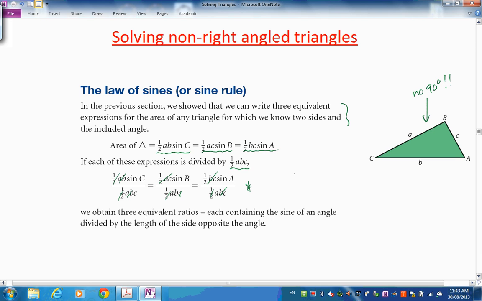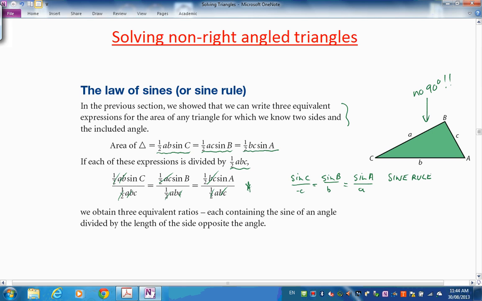So we get sine of angle C over the little side opposite equals sine of B over its little side opposite equals sine of A over little a. Oh, the ratio. This is called the sine rule. The sine rule.